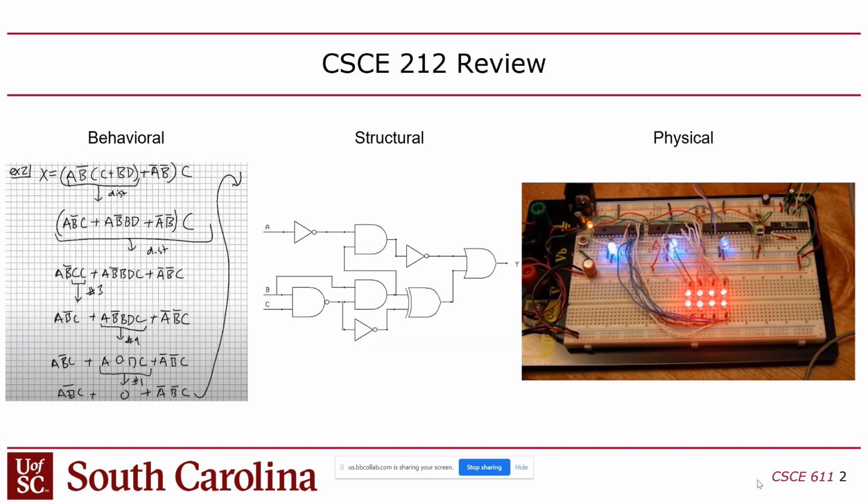But the structural description doesn't really say much about how you build the circuit. It's really just a set of components and the way in which they're interconnected, right? So in order to actually build something, you then have to design it physically, which you should have also done using breadboards and logic chips, TTL chips.